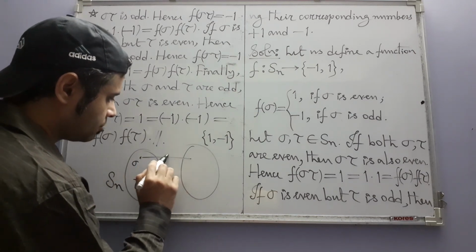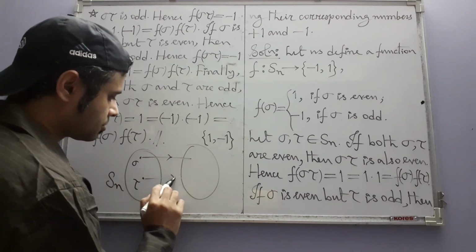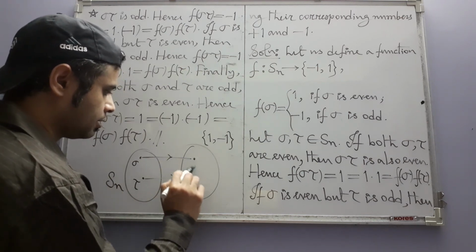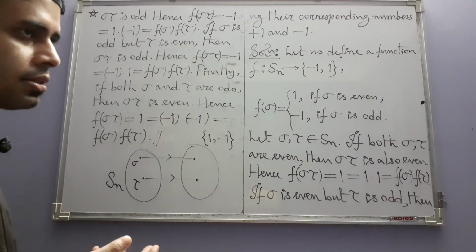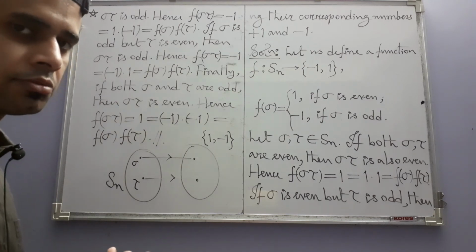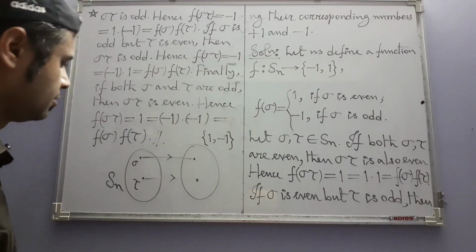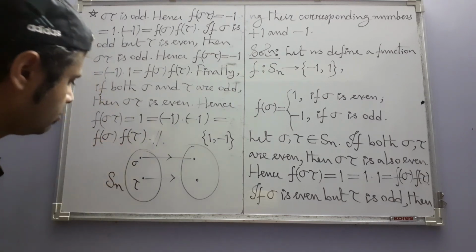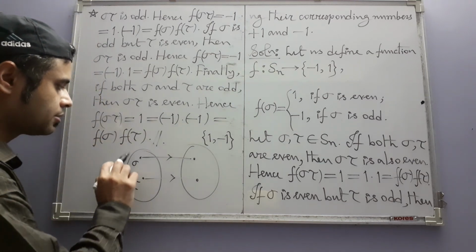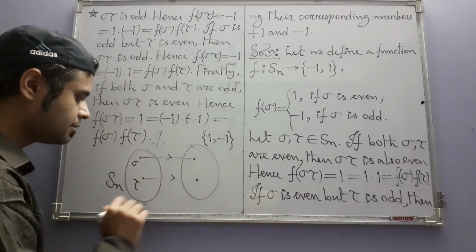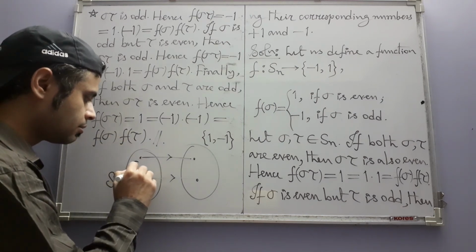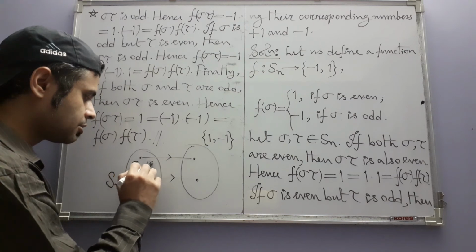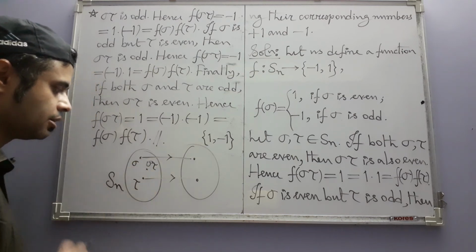Each one of them corresponds to a number here. In each case it is either 1 or -1 depending on whether sigma is even or odd. But the point is that if you do the calculation sigma composition tau in this group, then you get a third element sigma composition tau here in this group, right?